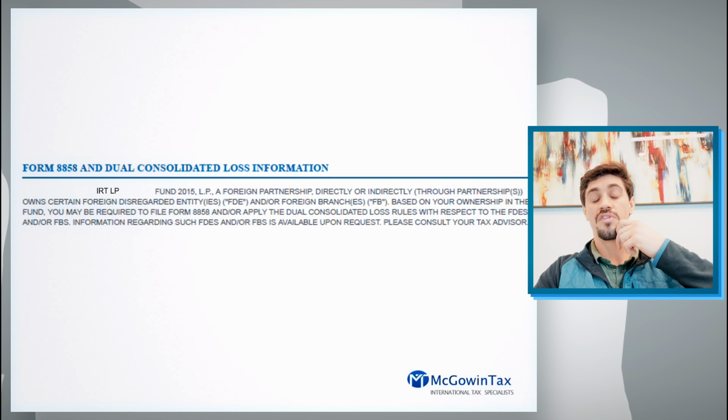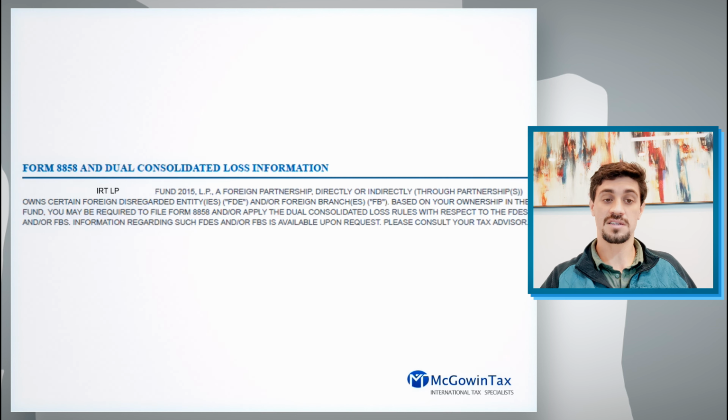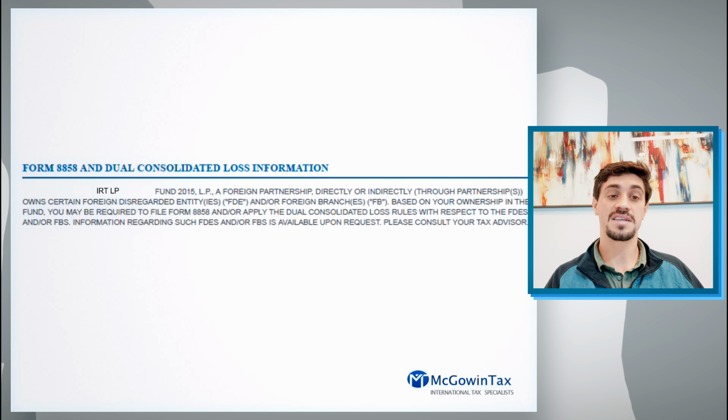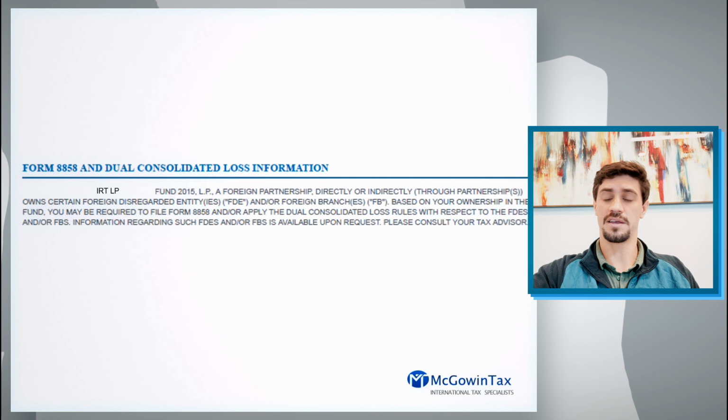So there's an exception to what I just said about only the tax owner, the U.S. partnership or the U.S. S corp, having to file the 8858, and that's where you have a domestic or U.S. C corporation partner. I don't think you can have a C corp own an S corp, so I think that only would apply in a U.S. partnership scenario.